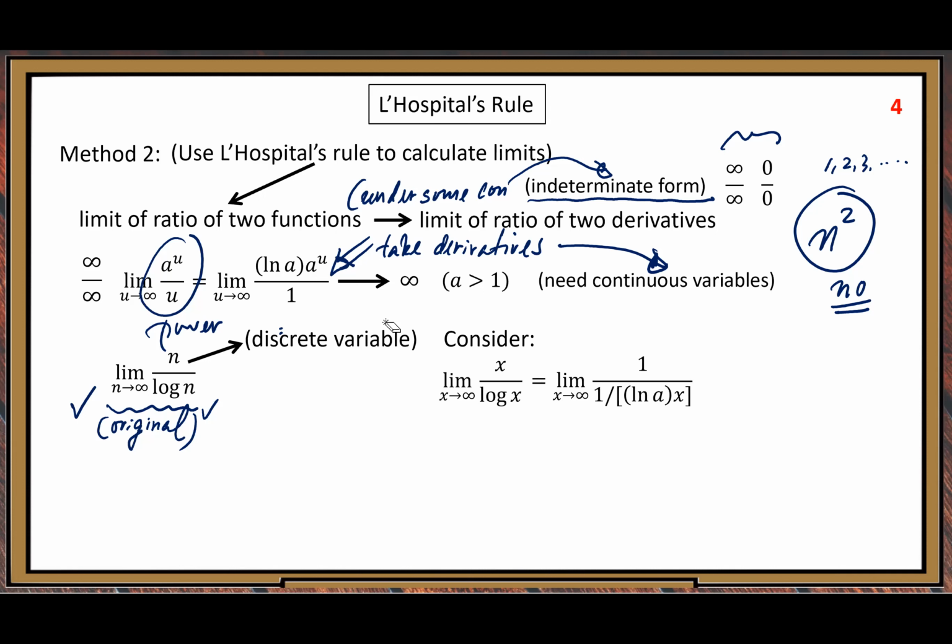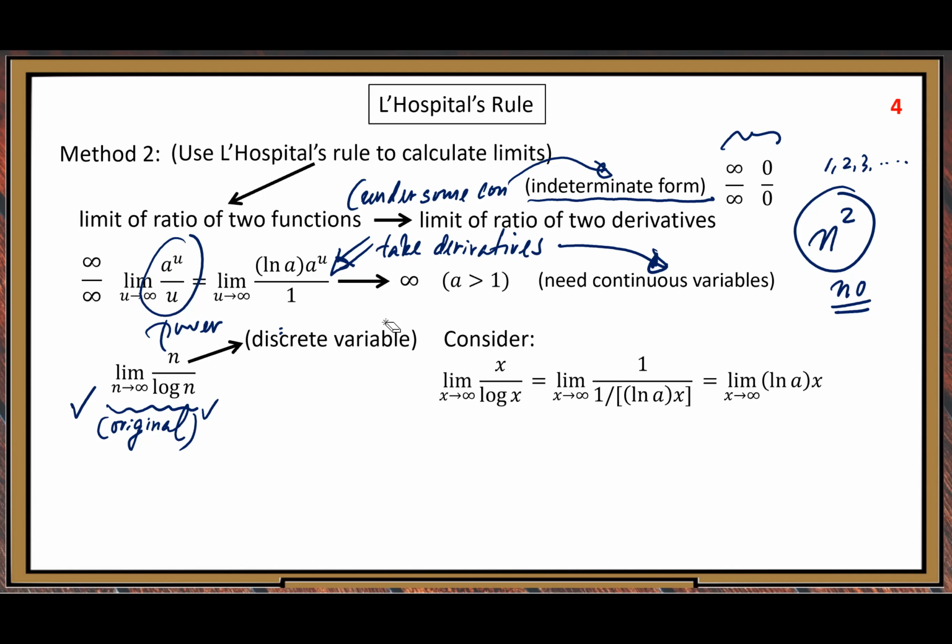So let us take the derivative. The derivative of x is 1 by the power rule. The derivative of the log function is 1 over natural log of a times x, the reciprocal function.